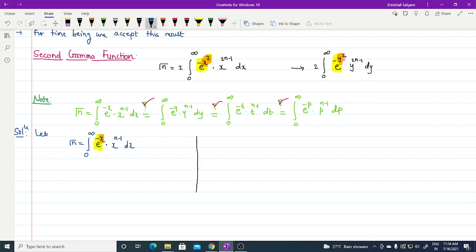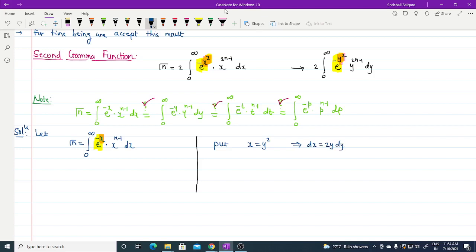So to reduce the given integral to this second definition form, your substitution is put x is equal to y square. Means you are converting the variable x to y. If you differentiate both sides, differentiation of x is dx, differentiation of y square is 2y dy.